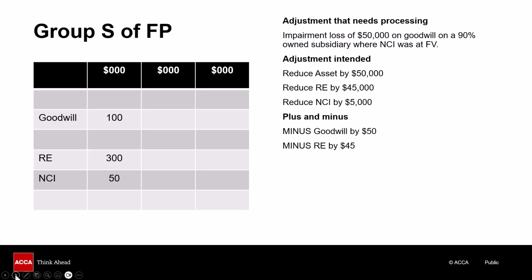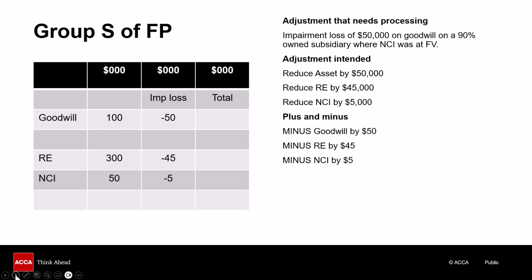You're reducing the group retained earnings by 45, and you are reducing the NCI by 5. Plus, minus. Updating the spreadsheet in a plus minus way. Yeah, that's how it looks. And forgive me, I'm not going to do the total column because that would be hypocritical.